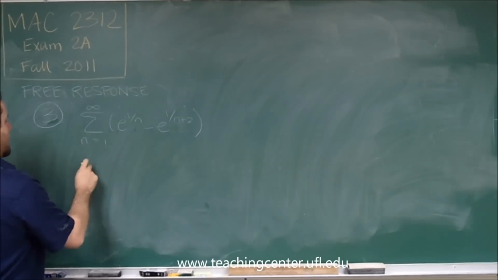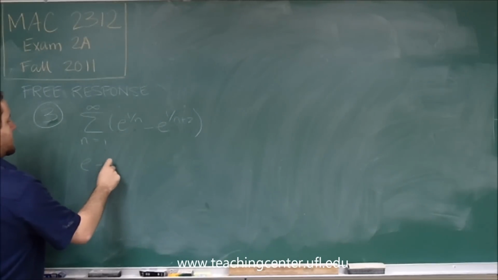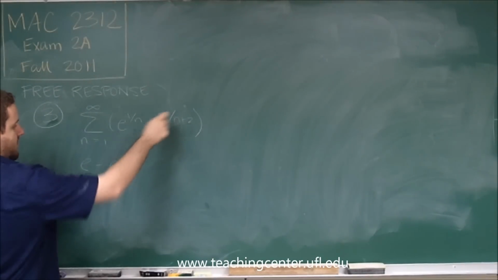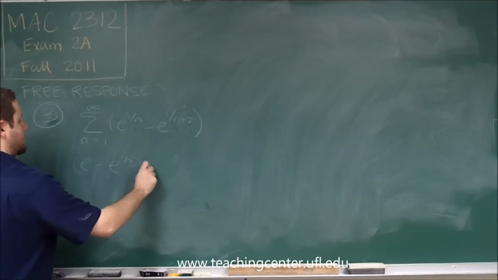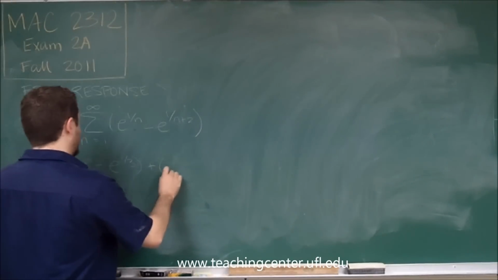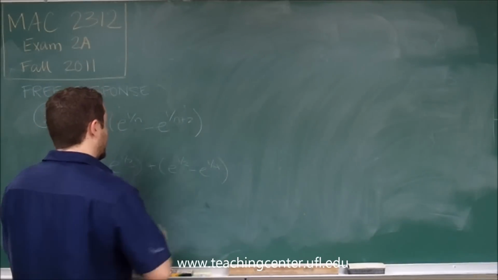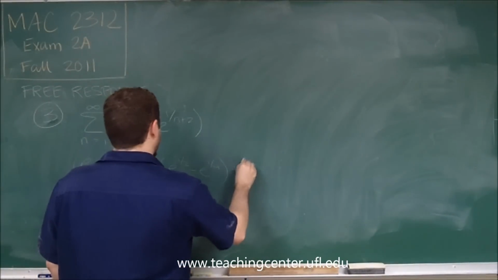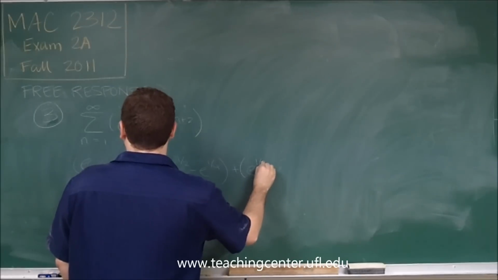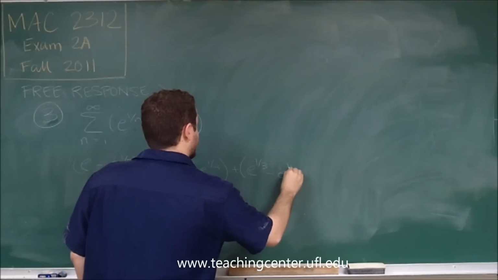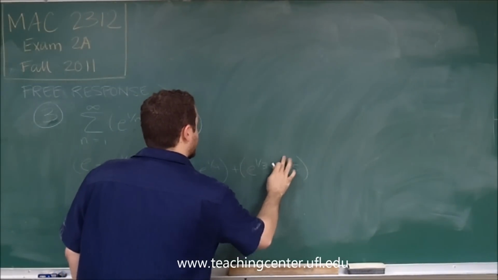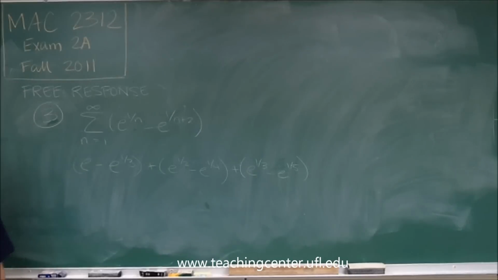First term, when n equals 1, we get e minus e to the 1/3 by plugging in 1. Next term, when n equals 2, e to the 1/2 minus e to the 1/4. The third term, we have e to the 1/3 minus e to the 1/5. And that's where we can stop, because now it's easy to see what's going to happen.